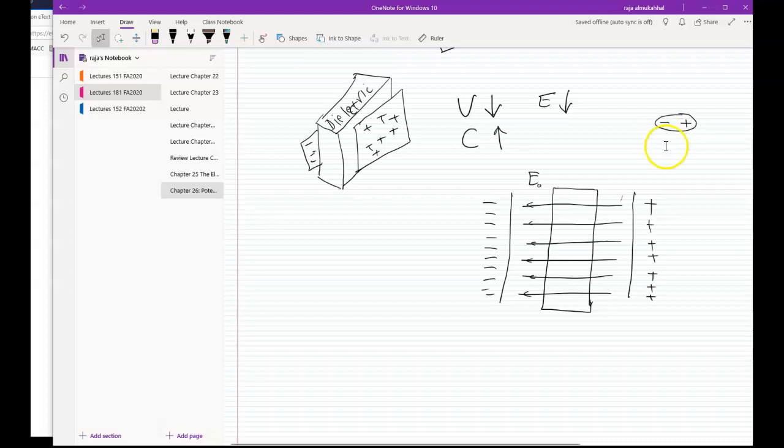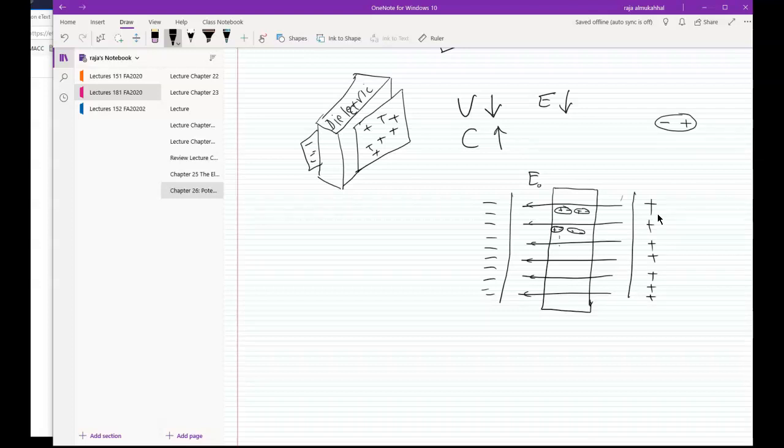If I take this molecule and look at it inside this insulating material, it's going to look something like that, where this side is positive and this side is negative. Why is it positive here? Well, it's attracted to the negative plate. And this side is negative, it's attracted to the positive plate here. Plus, minus, like this, and so on.